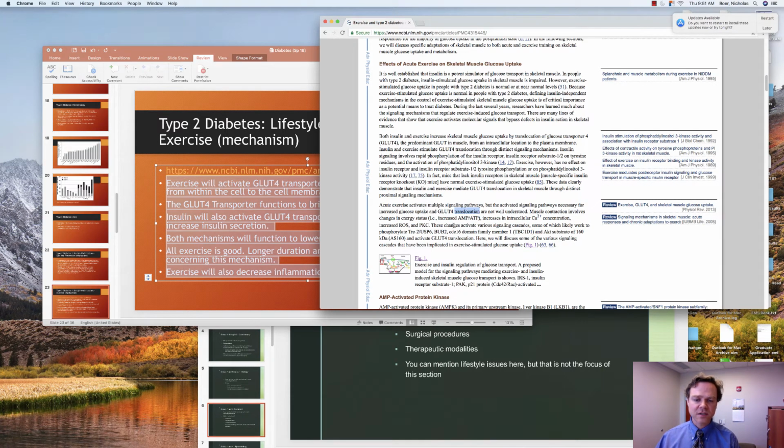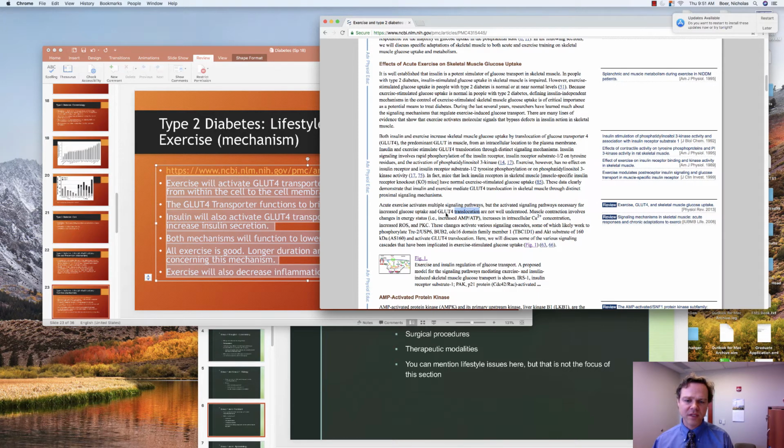Oftentimes they talk about this translocation. I know translocation means going from one place to another, at least that's what you would logically think. But I had to look it up to see exactly what it was discussing, because it didn't quite make sense to me.